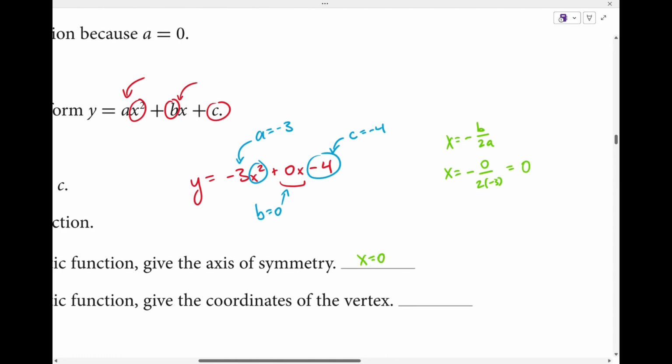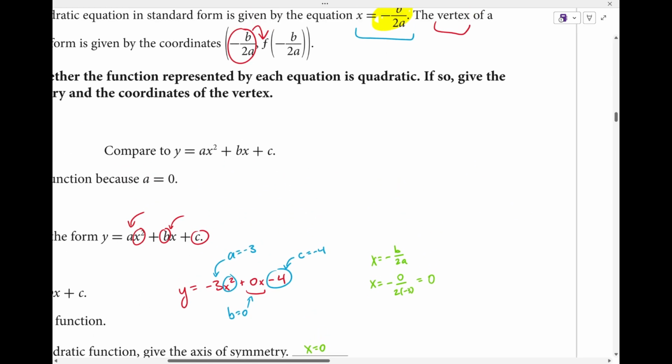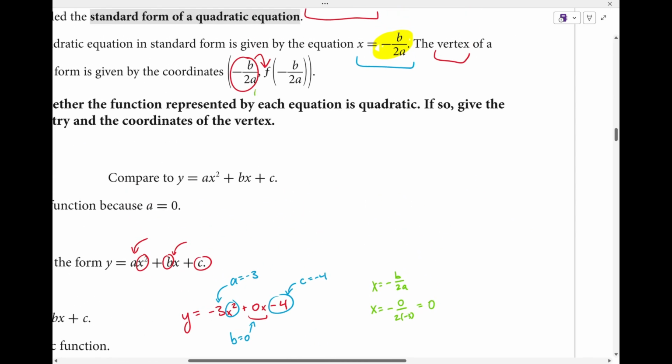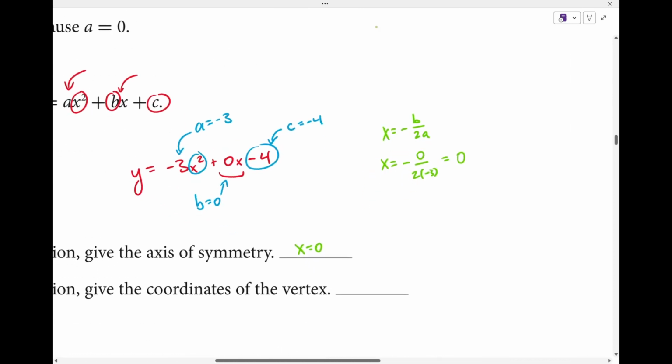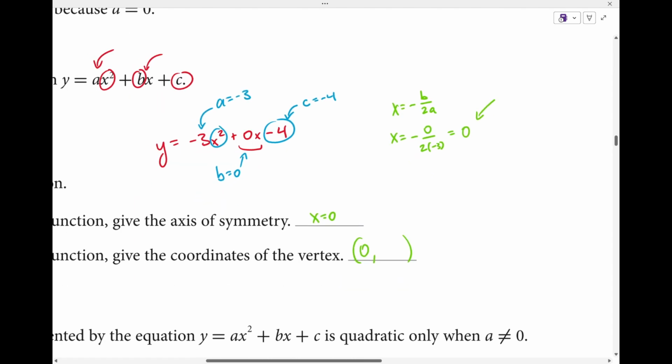Okay, my vertex, let's check what it says for vertex. It says negative b over 2a is actually also your x value. We got negative b over 2a is 0, so 0 is my x value. For my y value, I need to plug this x value into my equation. My equation is negative 3x squared minus 4.